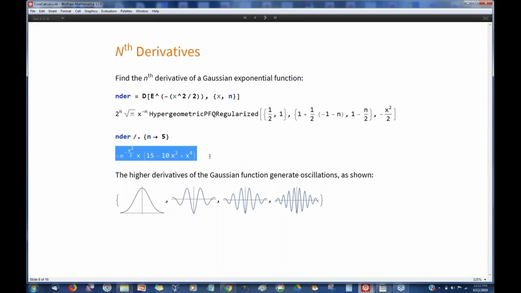And a few years ago, Michael Berry, the famous physicist, pointed out that, in fact, these high derivatives generate oscillations. So that's the oscillatory behavior of these higher derivatives. So you can compute the nth derivative, you can specialize, and you can study the oscillations of these higher derivatives.